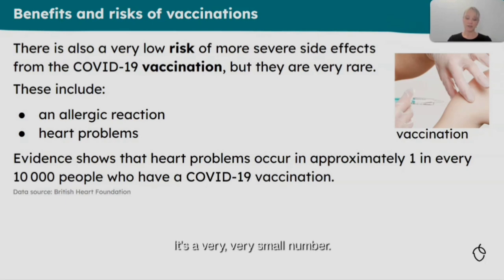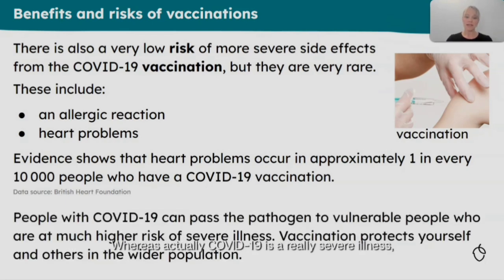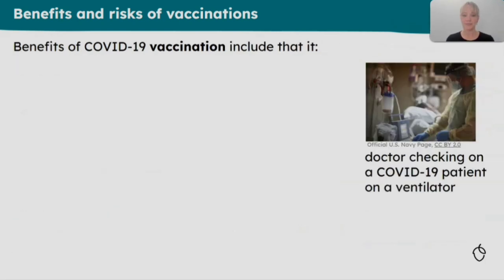It's a very small number. Whereas COVID-19 is a really severe illness where we saw lots and lots of people being taken into hospital, and that is still currently happening, and people being put on ventilators, and people unfortunately dying from that disease.